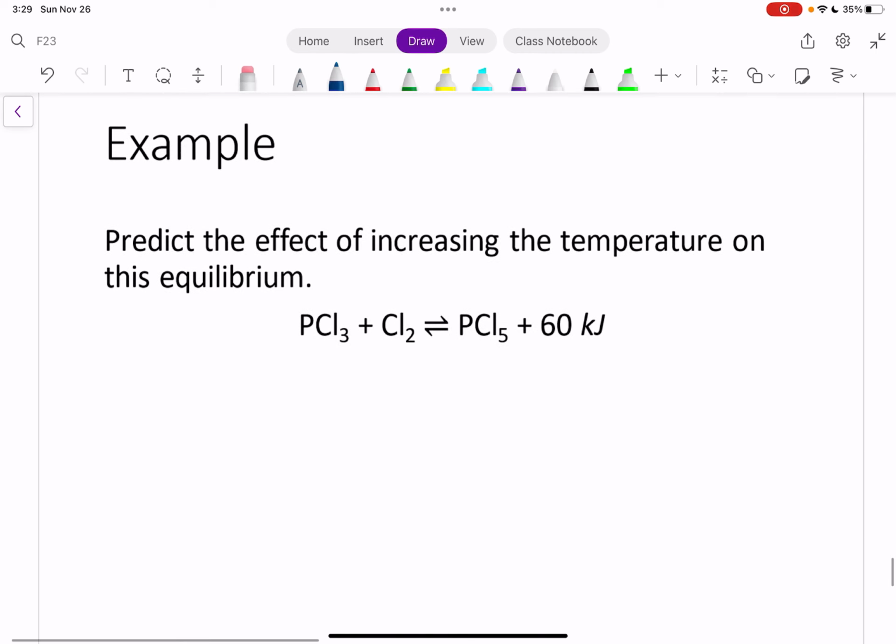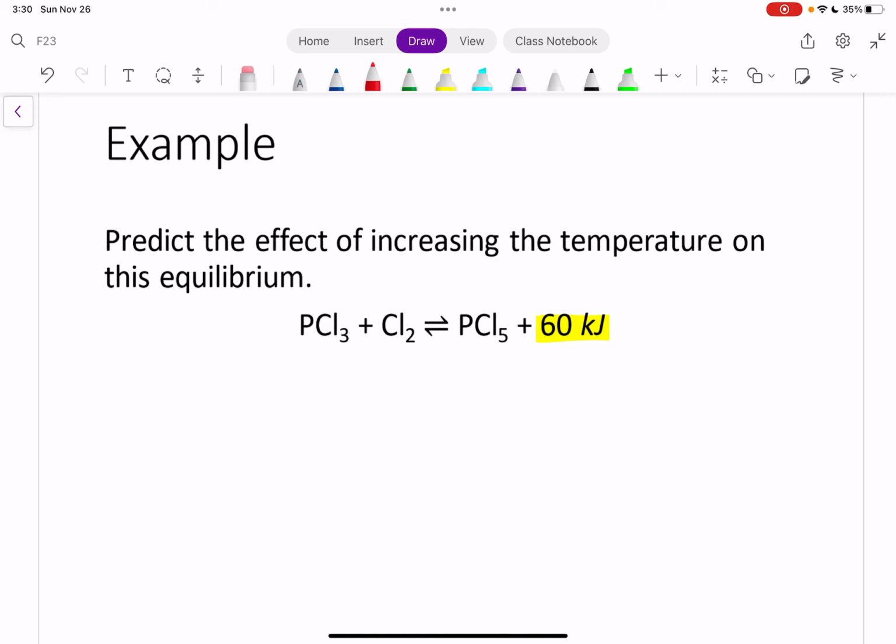So let's try this out. This says, predict the effect of increasing the temperature on this equilibrium. We've got phosphorus trichloride plus chlorine gives phosphorus pentachloride and lots of heat. So this is an exothermic reaction. Exothermic means heat is one of our products.